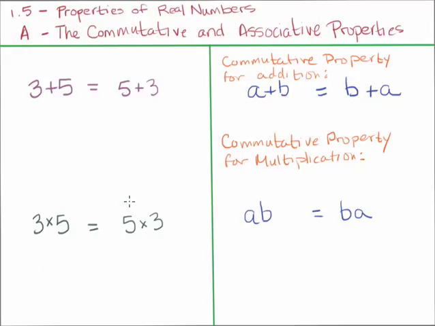So the commutative property says that changing the order that you do the problem in does not affect the result. The commutative property of addition says that the order that you add numbers in does not change the sum. The commutative property of multiplication says that the order that you multiply the numbers in does not change the product.